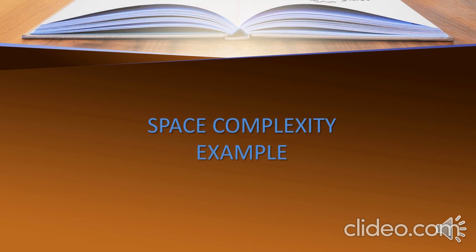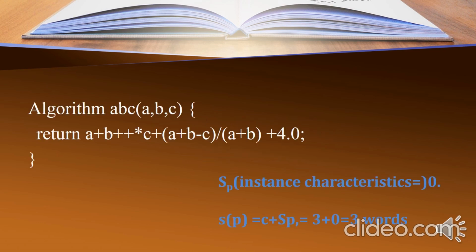Let's see now the examples related to space complexity. C is the constant or fixed part of the algorithm, and SP is the instance characteristics.